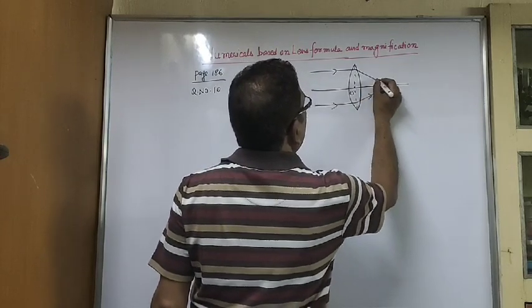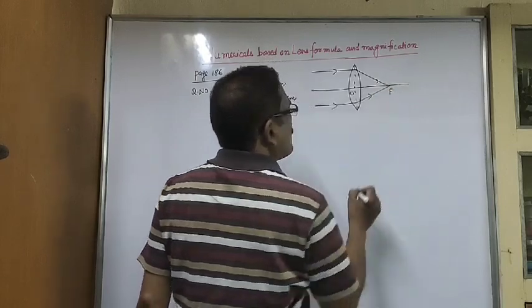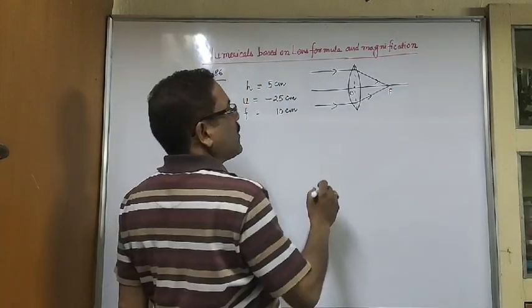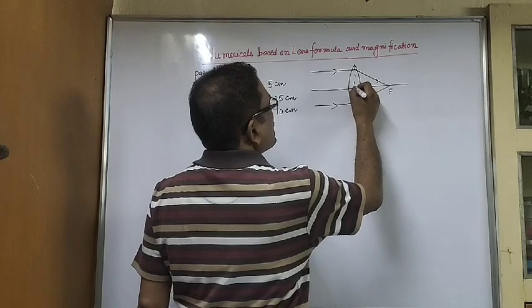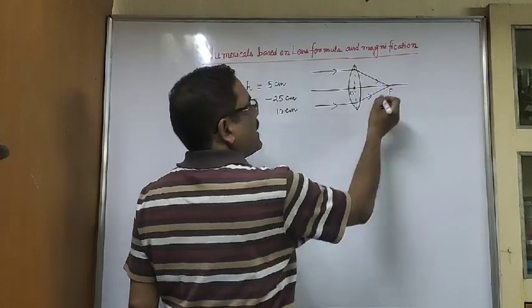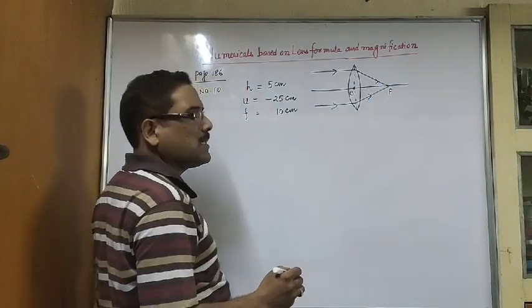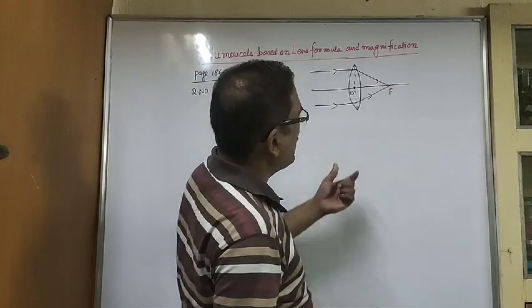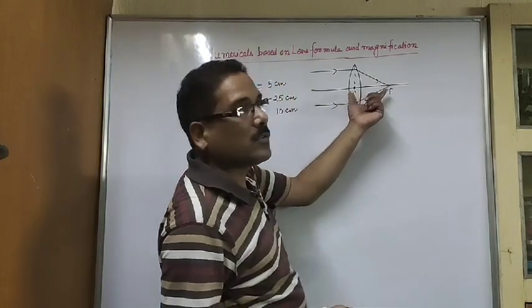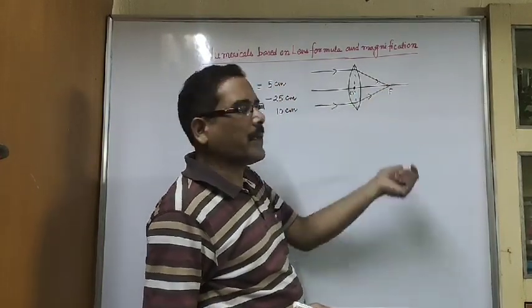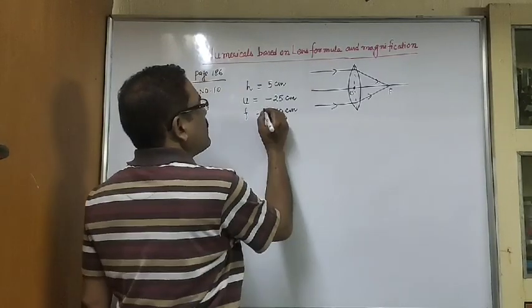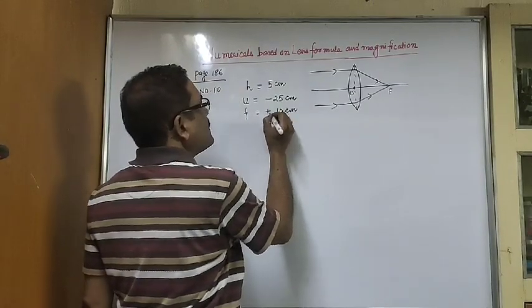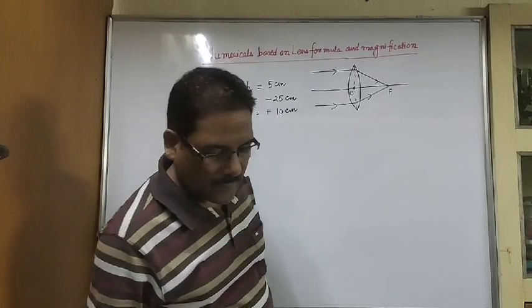So this point is called principal focus, and this distance between optical center and principal focus is focal length. And since this distance is towards the right side of the optical center, so focal length is positive.